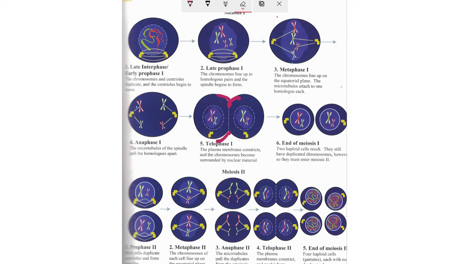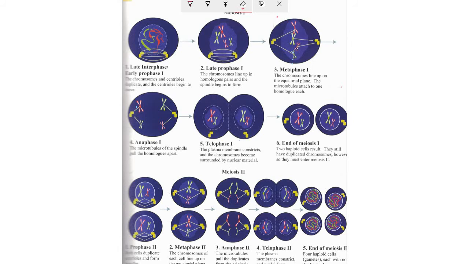Okay, then those cells are going to go through meiosis II, and meiosis II now looks an awful lot like mitosis. So we start with these 2 haploid cells, and in prophase, the centrioles duplicate and the spindle starts to form.